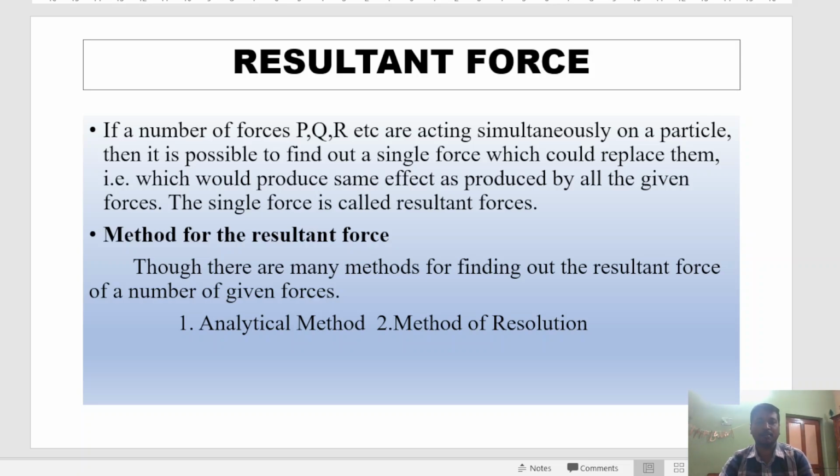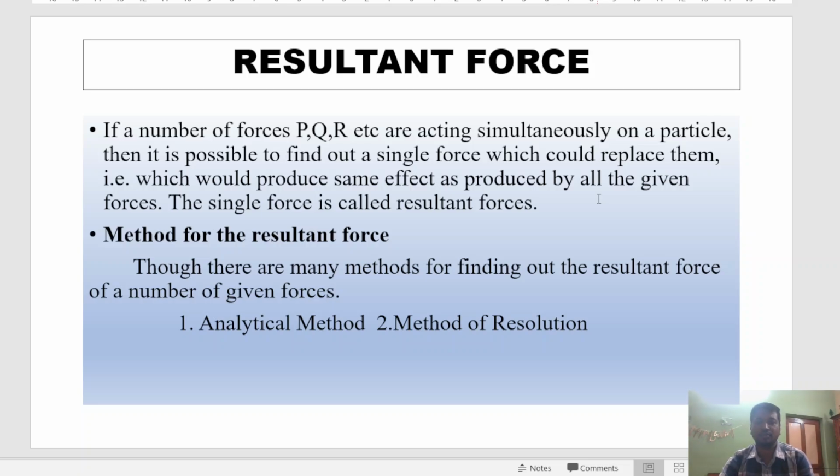So, if a number of forces P, Q, R, etc. are acting simultaneously on a particle, then it is possible to find out a single force which could replace them, that is, which would produce the same effect as produced by all the given forces.